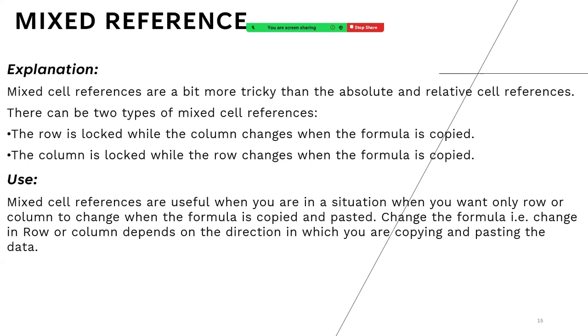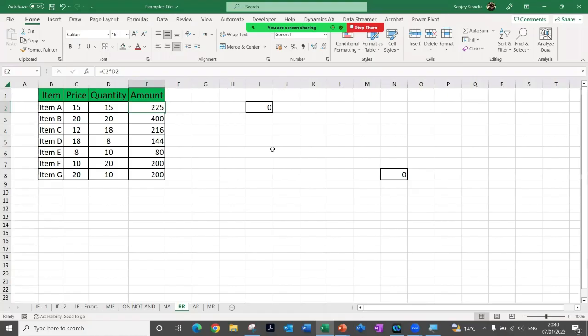This is where mixed cell references are used, when you are in a situation where you want only the row or the column to change when the formula is copied and pasted. The change in row or column depends on the direction in which you are copying and pasting the data. So let's look at the example.